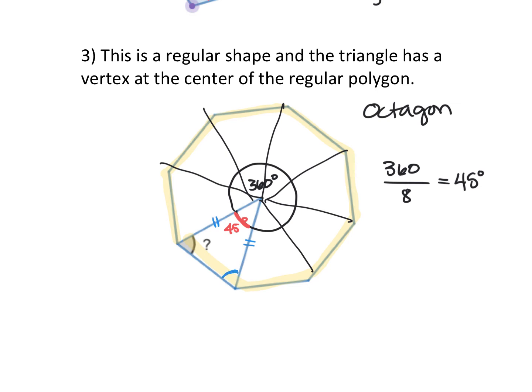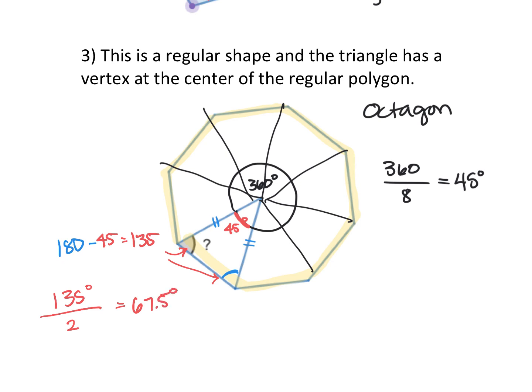And I know, since in any triangle the 3 angles will add up to 180 degrees, I can say 180 minus that 45 is going to get me 135 degrees to split between those two angles. So 135 degrees divided by 2 would get us that each of those is 67.5 degrees.